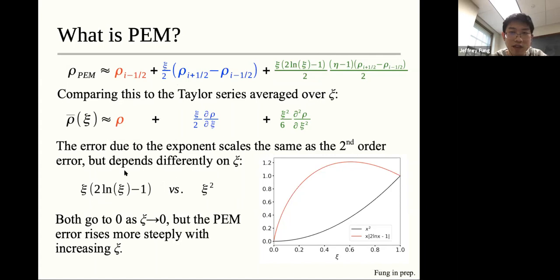So you can see that if I just plot what this looks like as a function of the Courant number, they of course have the correct asymptotic value, at Courant number of 0 it is 0, but then once you go to finite Courant number, it rises a lot more steeply than just c squared. So we're going to examine this behavior as well.